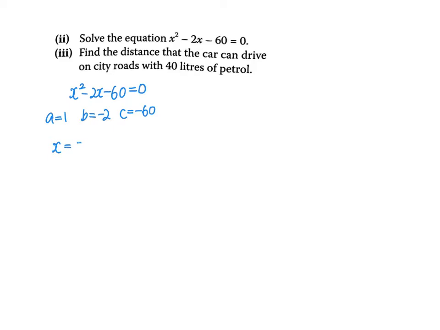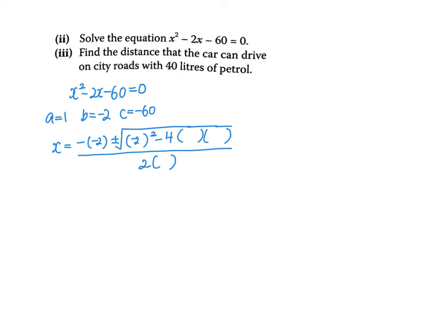Then x equals negative b plus or minus the square root of b squared minus 4ac, over 2a. Now let's plug in the numbers. b is negative 2, a is 1, c is negative 60.